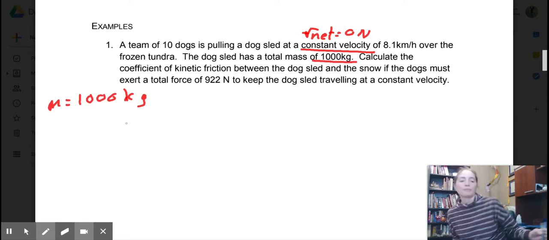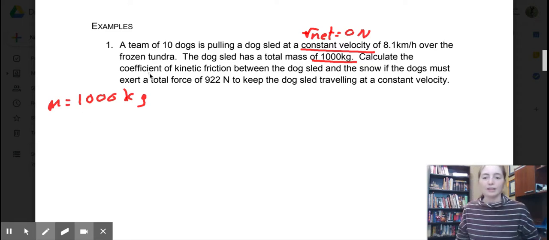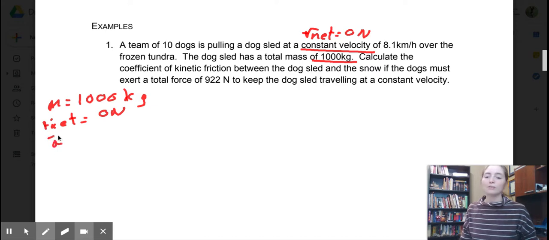Chew bone. Okay. All right, so the mass is relevant, and the fact that our F net, that should be an F, is 0 newtons, that is relevant. That also means our acceleration is going to be 0 meters per second squared. Okay, let's see what else we have here. Calculate the coefficient of friction.